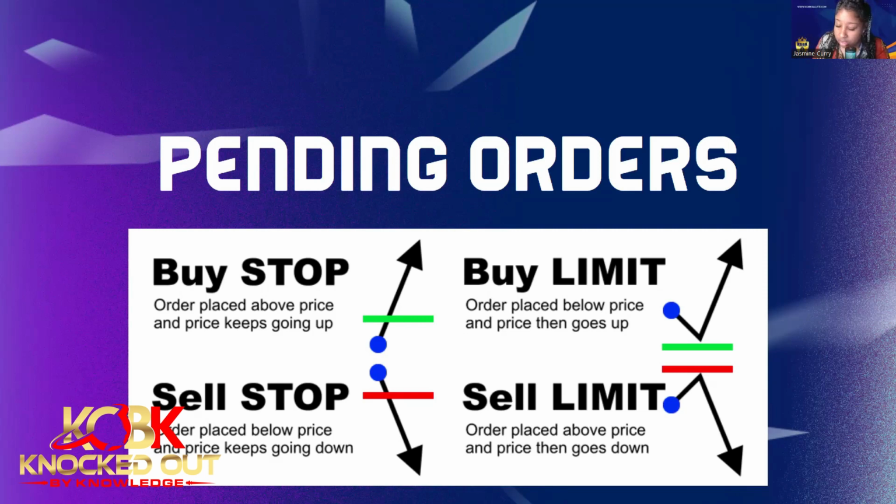And keep in mind that if the market moves and it doesn't activate your order, don't do a market execution. So let's say you set a buy limit, all right, and the market barely goes up to your pending order but does not activate your order.